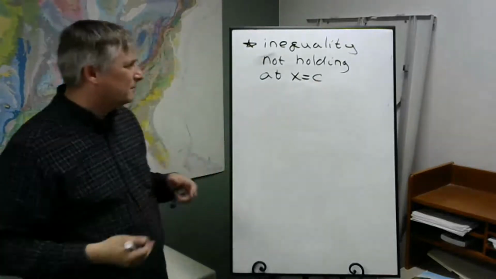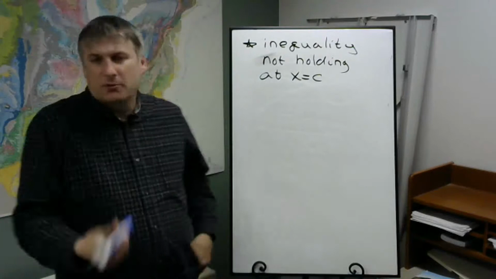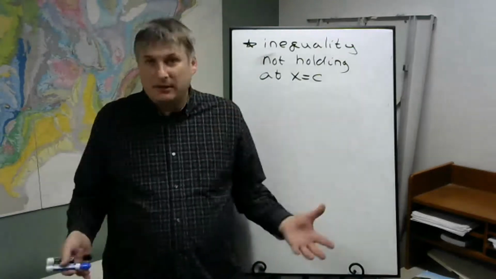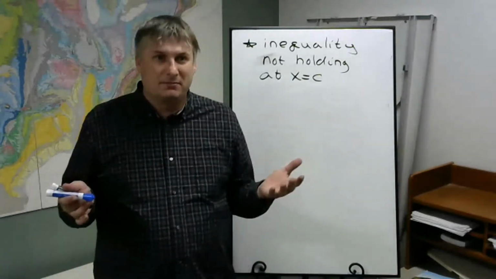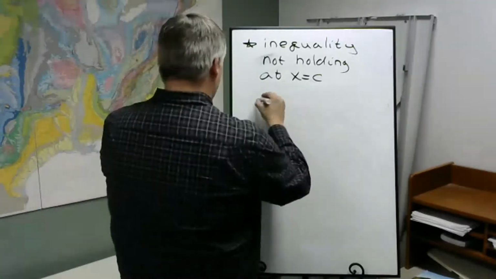So let's take a look at this inequality not holding at x equals c. Well, truth be told, there are infinitely many different ways it could not work at c. And I'll show you one.